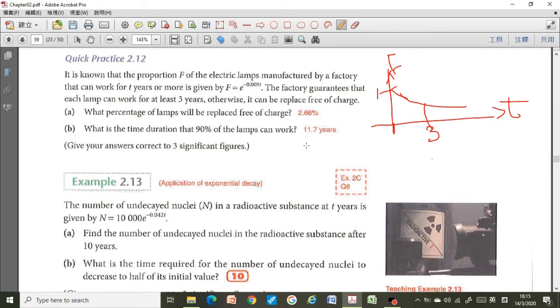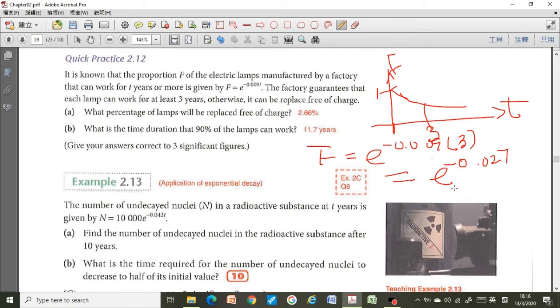F is equal to e to the power negative 0.009 times 3, which is equal to e to the power negative 0.027. Now press your calculator, you will get the answer.